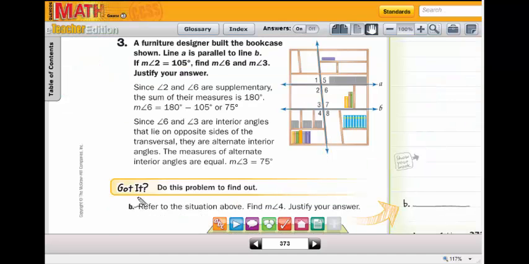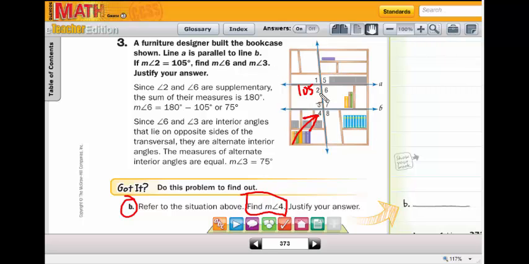Okay, now let's do letter B. It asks us to find the measure of angle 4 in the problem above. So this is what we're looking for. And in the explanation they told us that the measure of angle 2 is 105 degrees. So that's right here, 105 degrees. Up here it said to find the measure of angles 6 and 3.